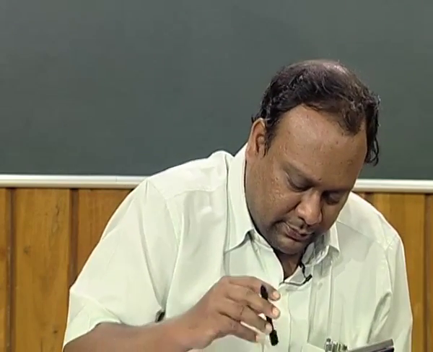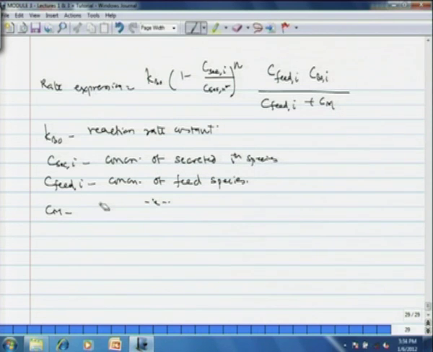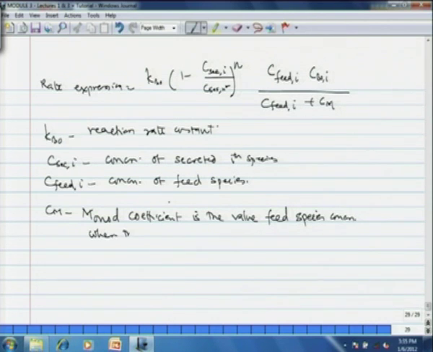So, that point we note here: Monod coefficient is the value of feed species concentration when the growth rate is 50% of maximum value.